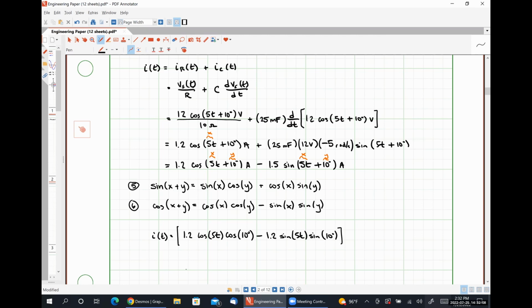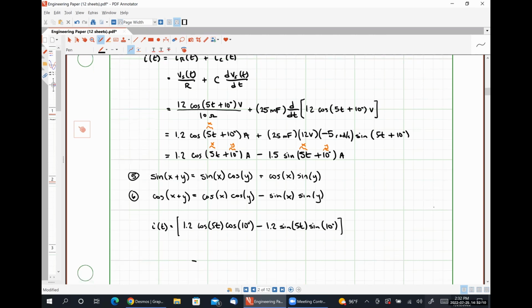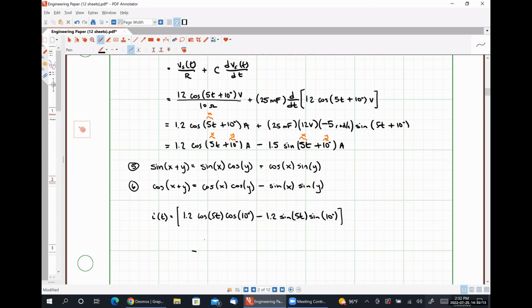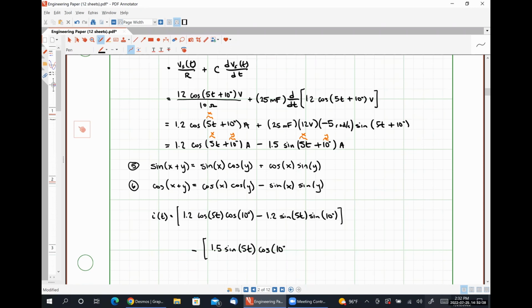And we're going to subtract from that expression, and I'm going to do this on a separate line because I ran out of room, so this is all one mathematical statement, 1.5 sine of 5t cosine 10 degrees plus 1.5 cosine of 5t sine 10 degrees.